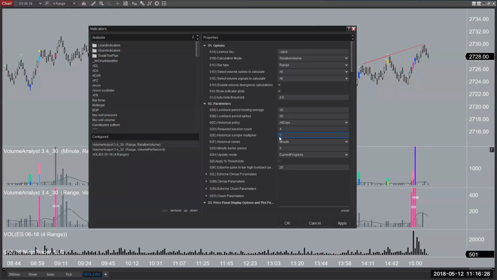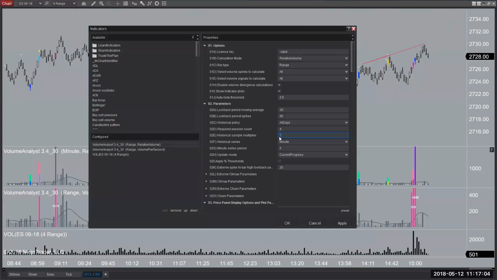So to get around that, or to make a better comparison, in my view, you would want to use a larger sample size, which would mean a larger time frame. So I have it to where we can set a multiple of 2, 3, 4, 5, whatever, so that it'll take 2 times the size of the 2 minute chart, which would be 4 minutes, and use that as the input for the relative calculation.